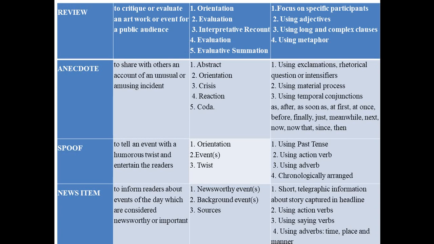Its structure is abstract, orientation, crisis, reaction, and coda. In language features, you can find exclamations, rhetorical questions, intensifiers, material processes, and temporal conjunctions like as, after, as soon as, at first, at once, before, finally, just, meanwhile, next, now, that, then.